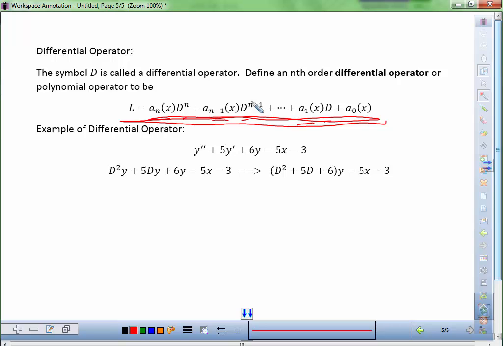And what happens there is that in some cases it would be easier to deal with this if we could just deal with the differential, with the linear operator by itself. Right?